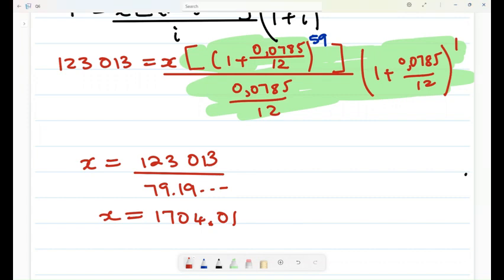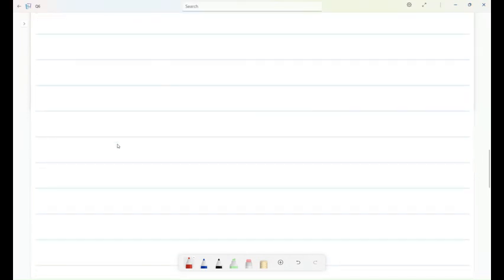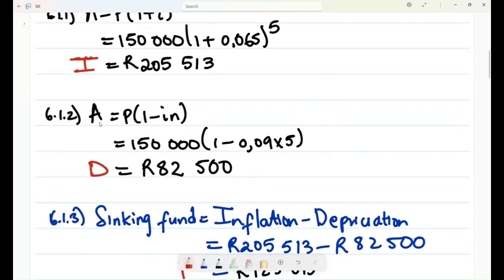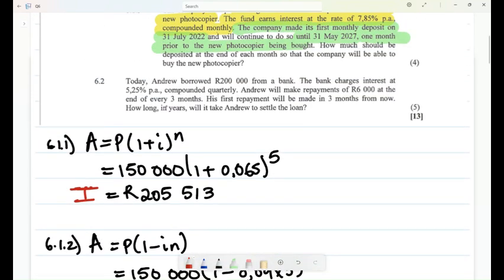All right. Let's quickly move on to the last question, 6.2. So they say today Andrew borrowed, present value, borrowed 200,000 from a bank.